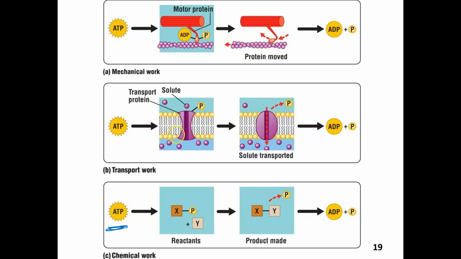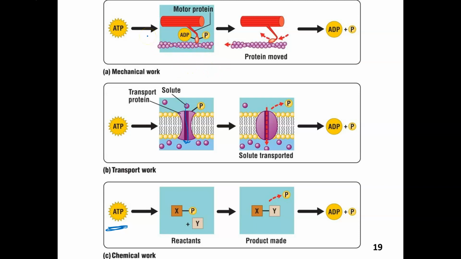And then in transport work, we're moving molecules, in this case, from a lower concentration to a higher concentration, moving them into the cell. And so in this case, it's going to take energy, a lot more energy, because we're pushing them against their concentration gradient. And then here we have mechanical work where we're actually moving molecules along a protein.